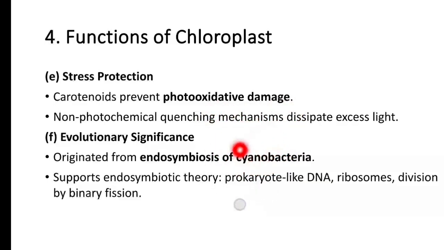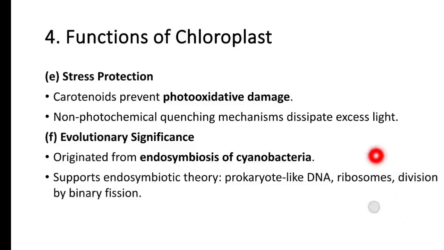Because of that, the present day chloroplasts in the plant system are most similar to bacterial structure and conditions. It also divides by binary fission, similar to the bacterial system. So apart from the structure of the chromosomes and the ribosomes, the chloroplast division is also similar to bacterial binary division.